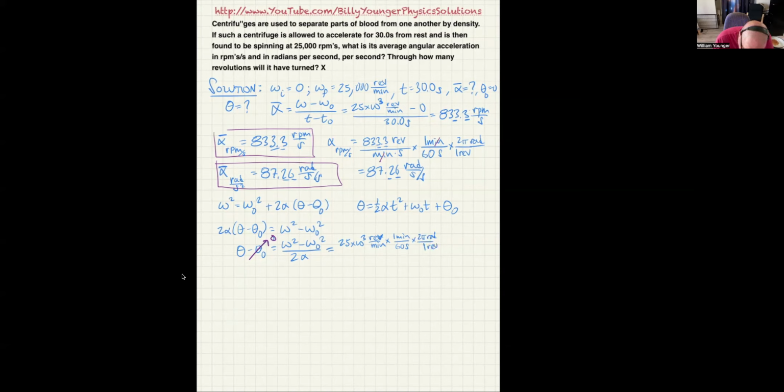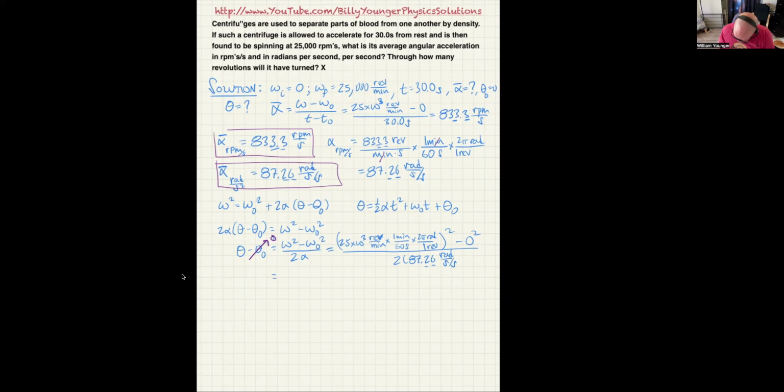So that should be my final omega. I got to square it, minus 0 squared. And then I got to divide all this by 2 times my alpha that I calculated, which I'm going to use the radian per second one, which is 87.26 radians per second every second. Again, these two are not sig figs. With this result, we can go ahead and calculate it.